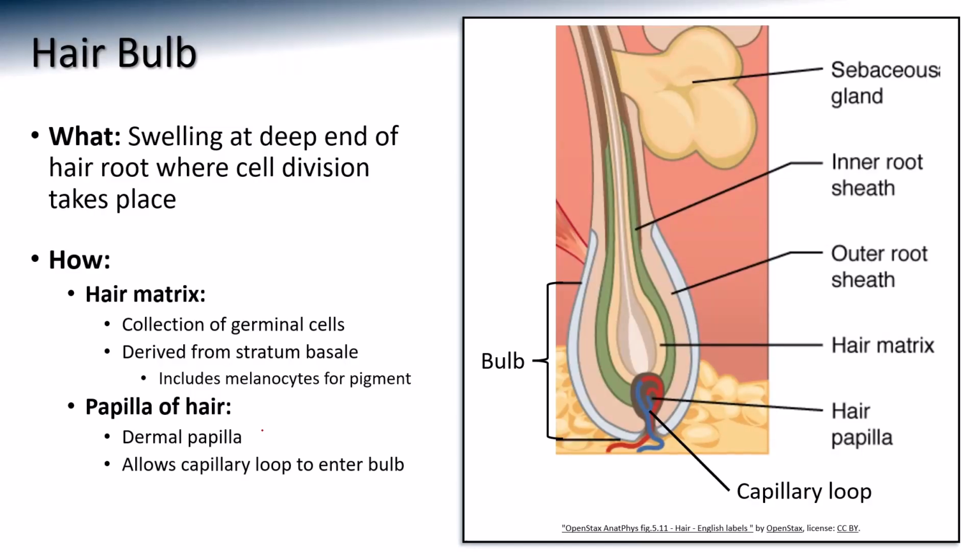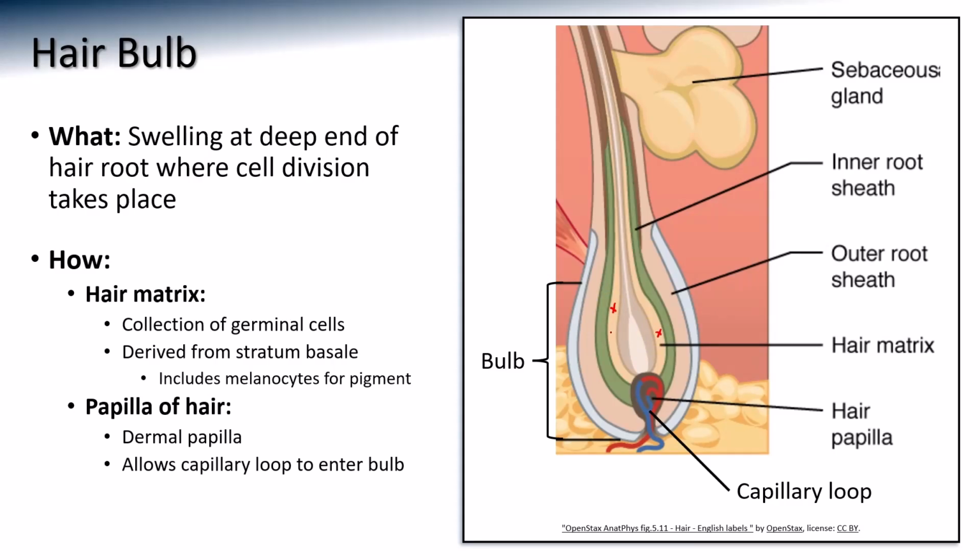At the deepest end of a shaft of hair, we have the bulb. The bulb is a swelling that is due to cell division taking place. Okay, so this is the part of the hair where the hair grows, where cell division is happening. All right, all cell division here happens in the hair matrix. So that is this yellow portion right here. You can see it all over there.